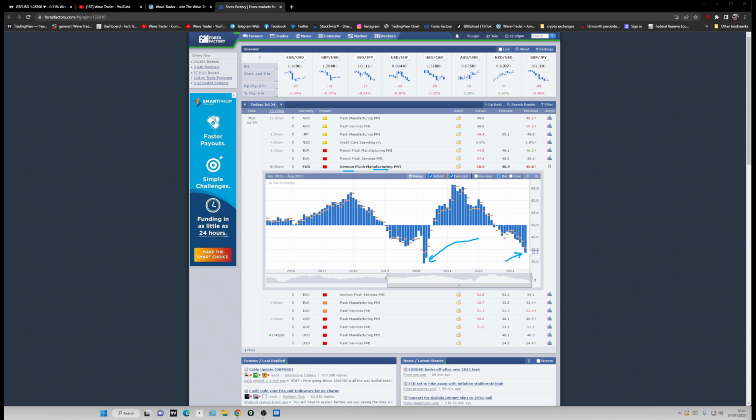The exact numbers are somewhere around 34, 35. Can German manufacturing fall to these numbers? Yes, there is a possibility, and it is highly likely that German manufacturing can contract even below the March 2020 lows.